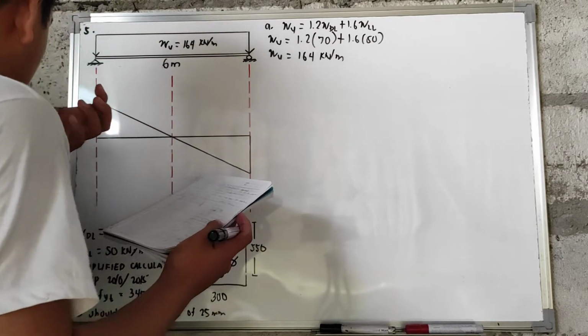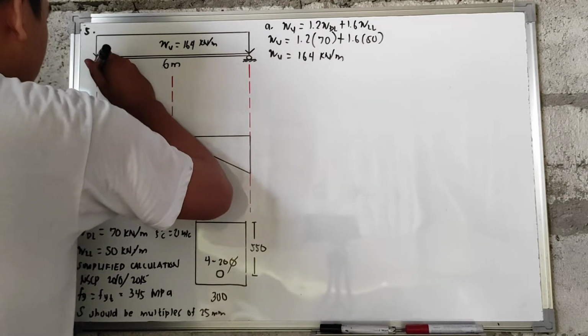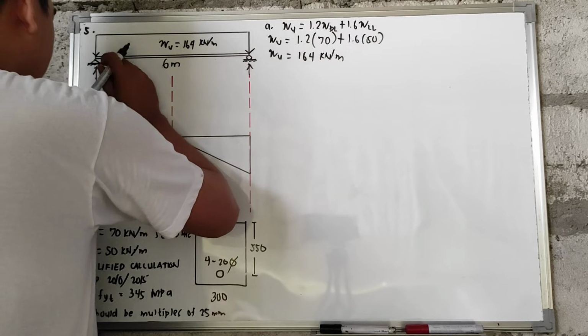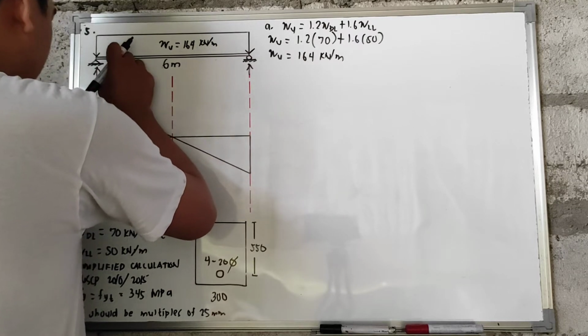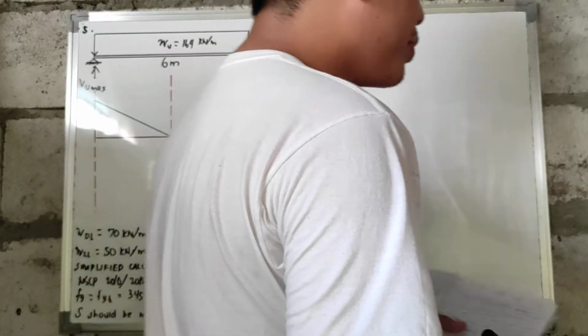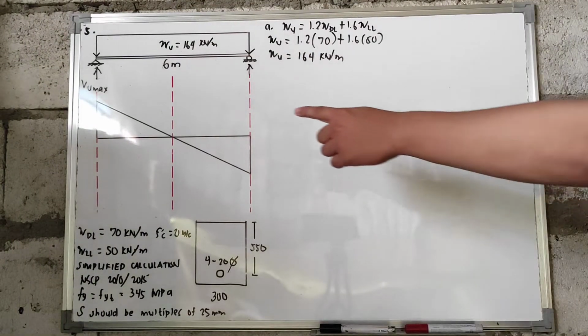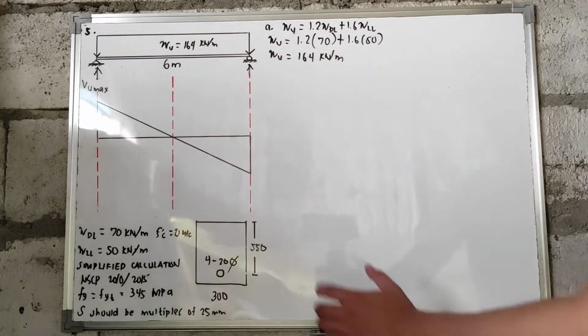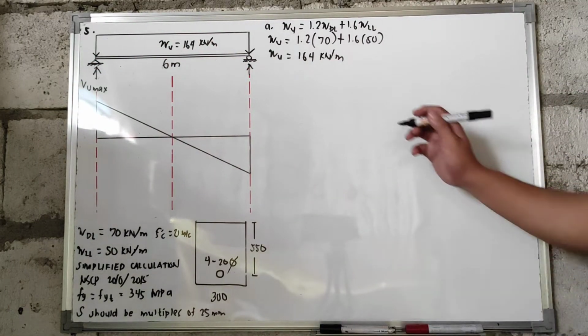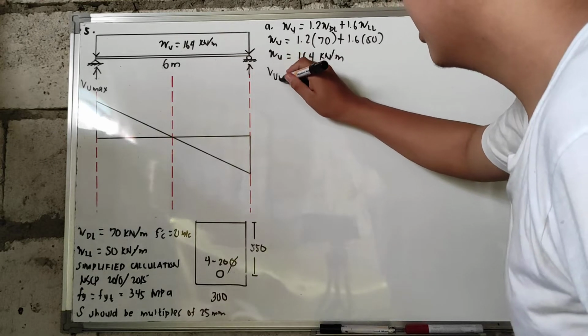So, ngayon, kunin natin yung Vu max natin dito sa support natin. So, you have Vu max. Sir, paano po natin kukunin yung maximum shear o yung Vu max natin? So, ang kunin lang natin yung reaction. Gamitin na lang natin yung formula.